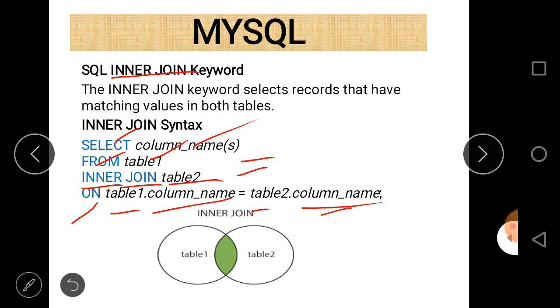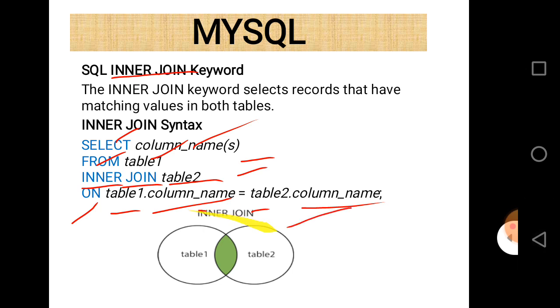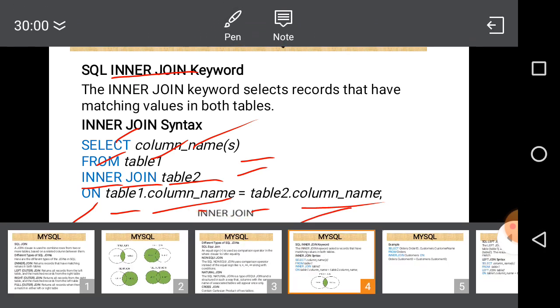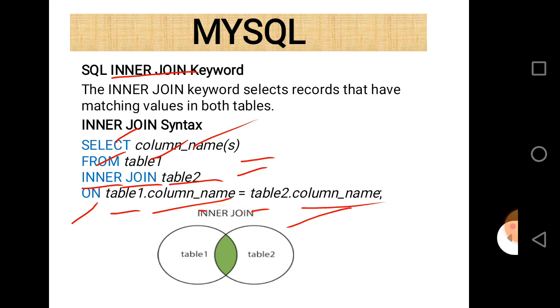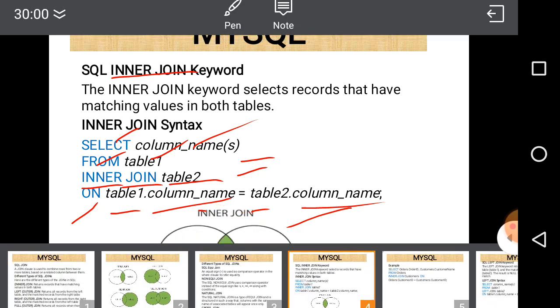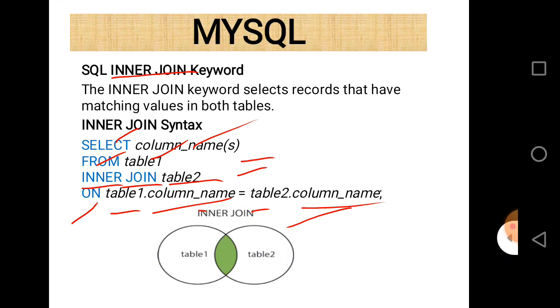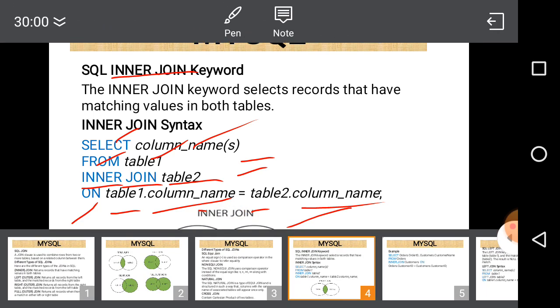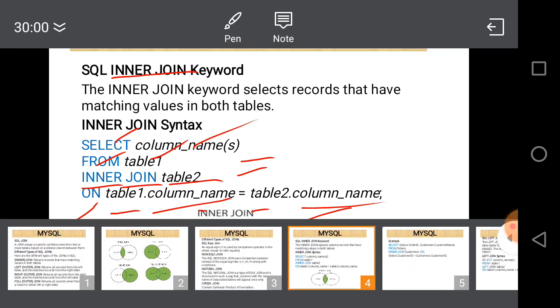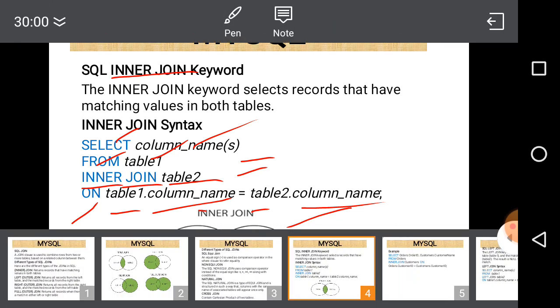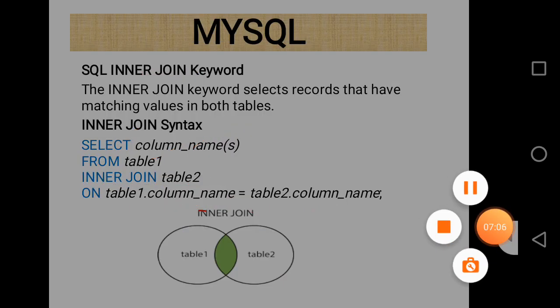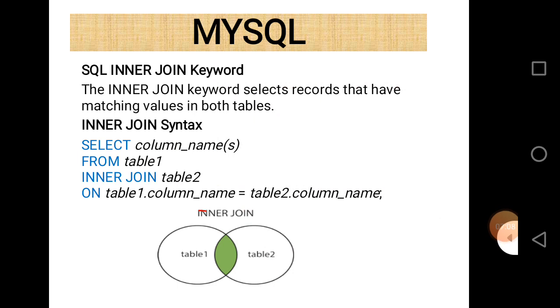The column name is the name of the column on behalf of which these two tables are joined, and the final result is as we see on our screen. So this is an example of inner join.